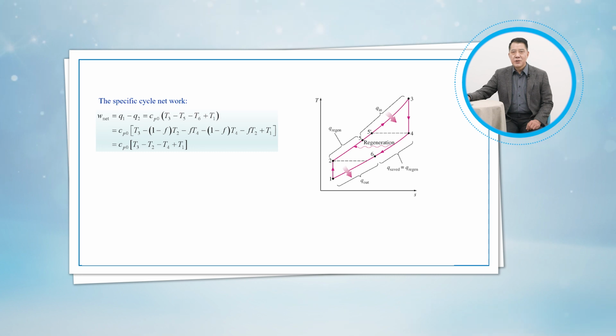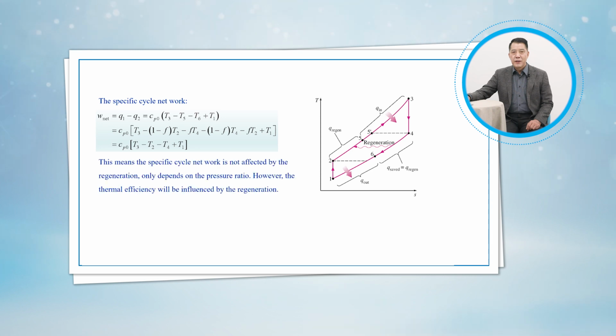It has nothing to do with the regeneration effectiveness. This means the cyclic specific network is not affected by the regeneration, only depends on the pressure ratio.